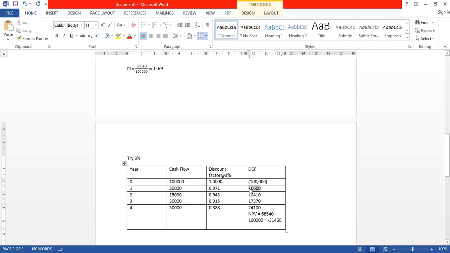Can you give me the figures? Let me start checking them. 0.888 times 60,000 was 44,400. What would this one be? 0.915 times 30,000 is 27,450.